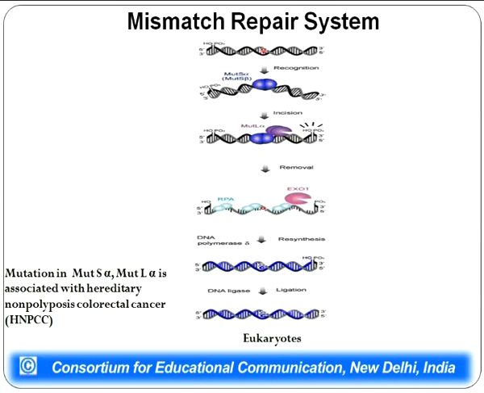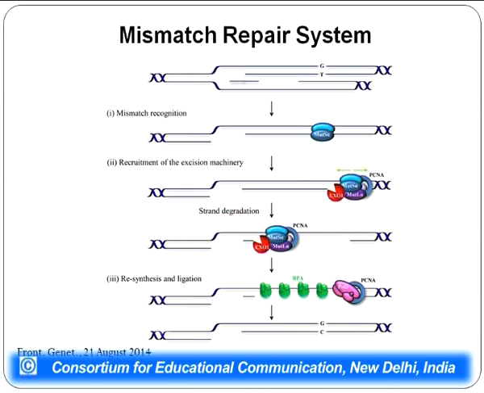It has been seen that mutation in these two genes leads to cancer. One very common cancer, hereditary non-polyposis colorectal cancer, is caused in human beings by mutation in the MUT-S alpha and MUT-L alpha genes. So these proteins are very much required for mismatch repair in human beings.